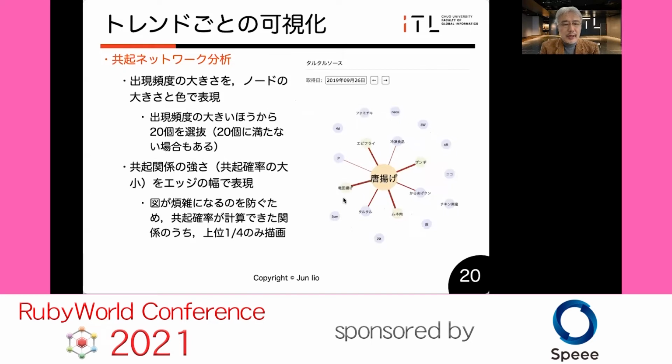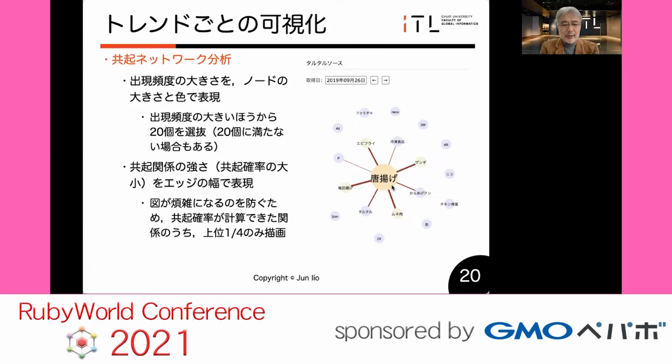And then, based upon the appearance, we show it by the size of the node, and the strength of the co-occurrence probability we show by the width of the edge. To make it simpler, we only display the top 25%, and then for the trend tartar sauce, chicken fry, shrimp fry, and tatsutake appear. So I think it's natural.